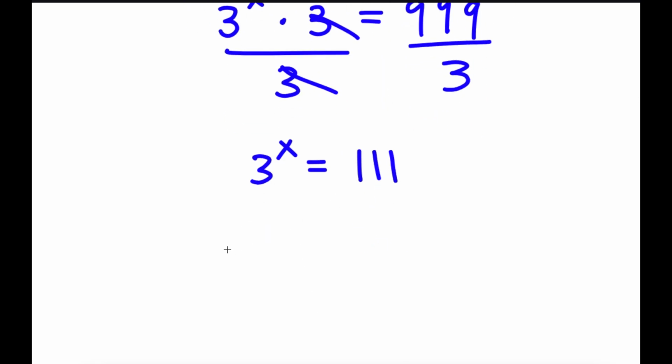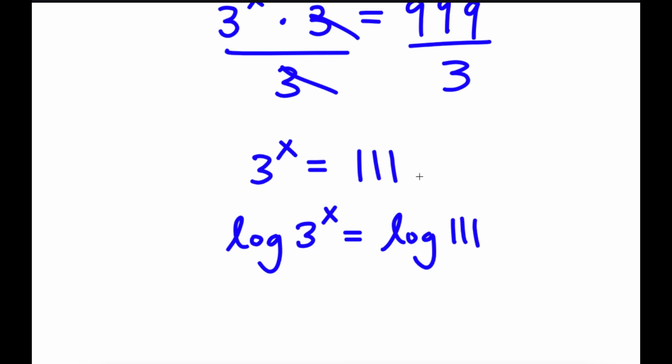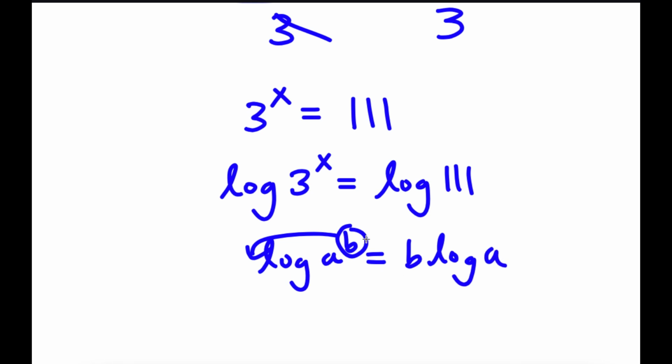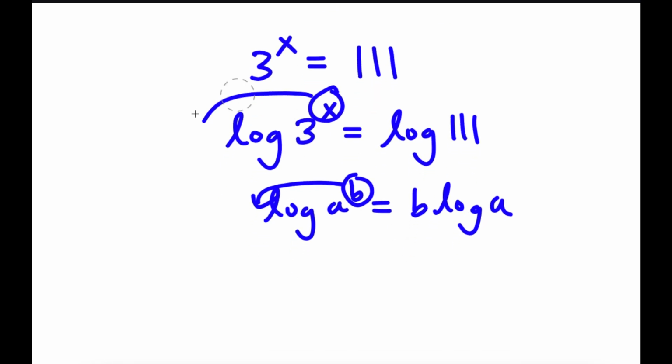Now if I take the log on both sides, I have log(3^x) = log 111. And if I have something in the form log(a^b), I can move this exponent b to the front. So this is equal to b times log a. So for log(3^x), I can move x to the front.